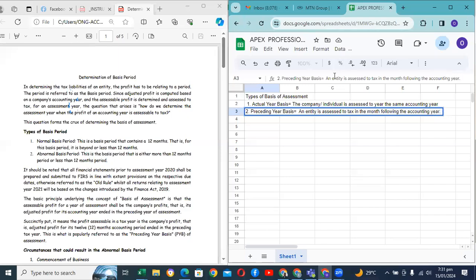All right. So we mean that the accounting year precedes the year of assessment. That's preceding year basis. The accounting year comes before the year of assessment.